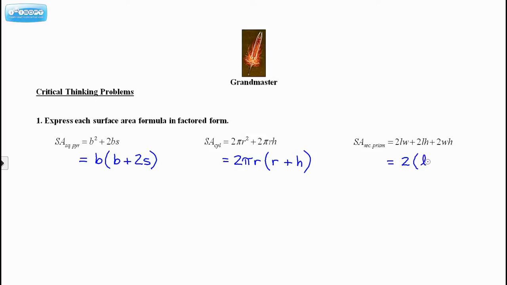So this is LW plus LH plus WH. Remember, none of these terms are like terms because they don't match. But I can at least factor out a 2. And if you ever look up the formula for the surface area of a rectangular prism, you might actually see it written in this form. I've seen it before.